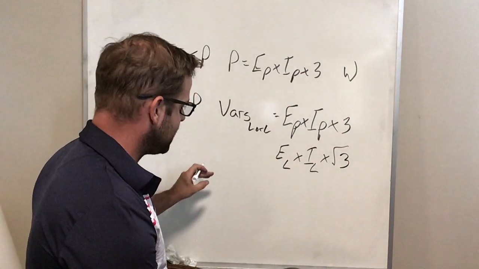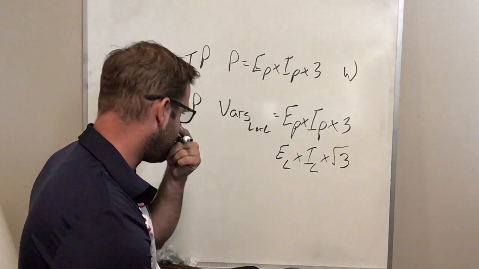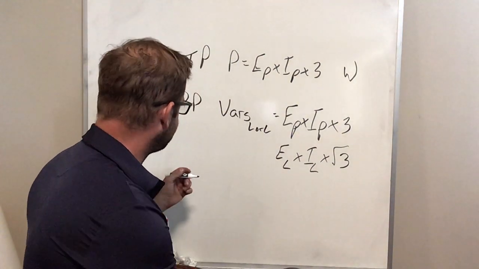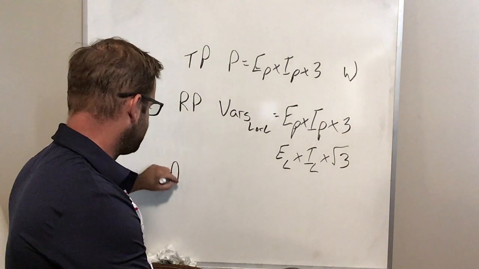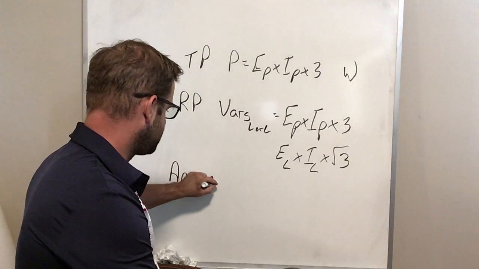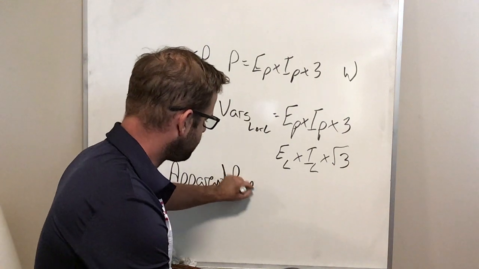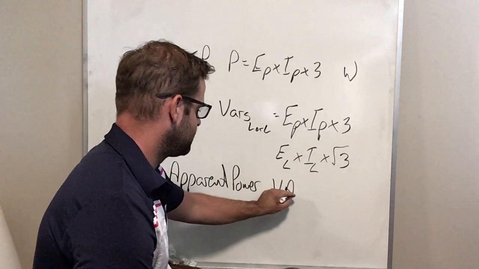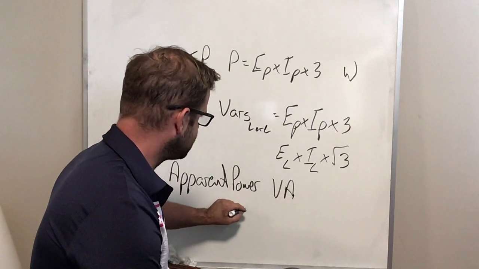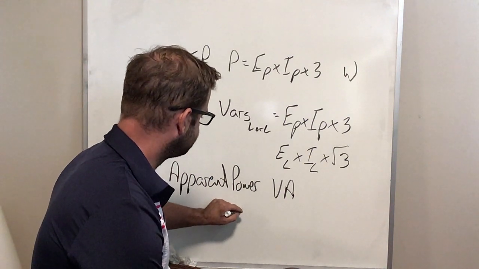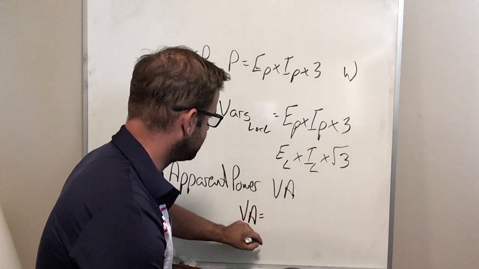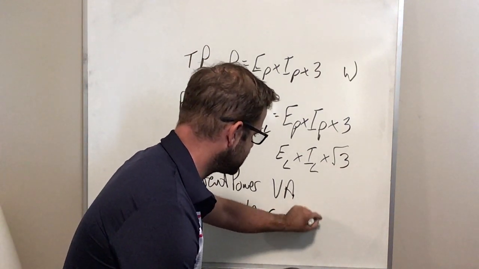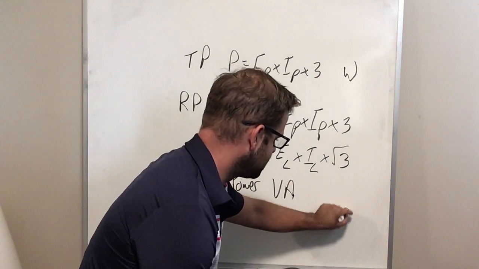And then if we look at one other formula, I'll just give it to you now. If you have a combination of an inductive value or capacitive value with a resistive value, we know that that is now apparent power, and that's measured in volt amps. And the formula for that is VA is equal to E phase times I phase times 3 times our power factor.